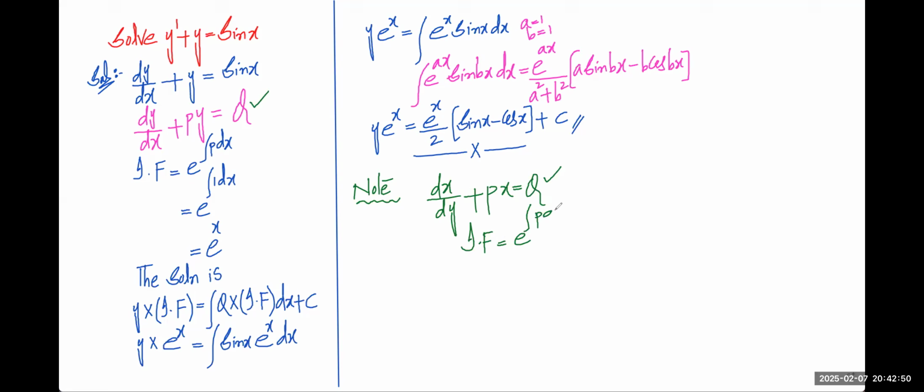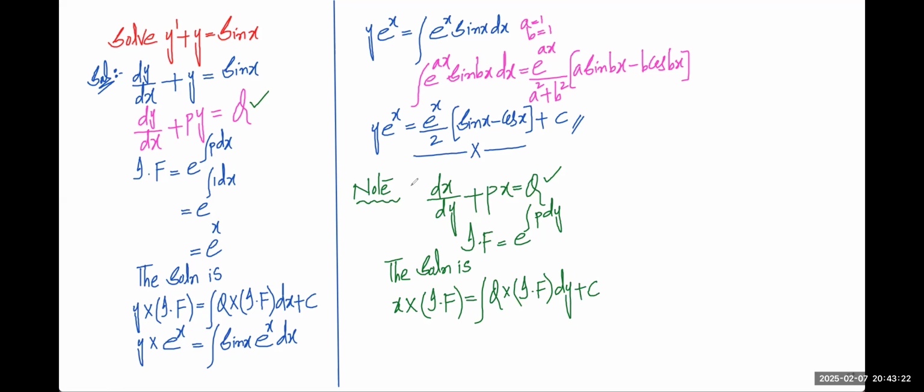The variable has been changed, and the solution, which we wrote in terms of y, here we write in terms of x. x into integrating factor is equal to integral q into integrating factor, and wherever x comes, you have to write y, dy, plus c. This is all about the reverse form of linear differential equation.